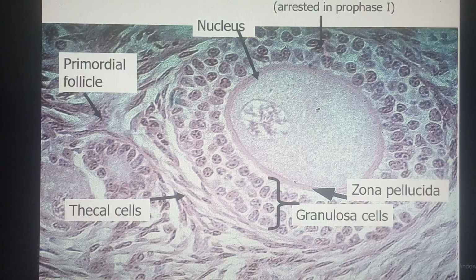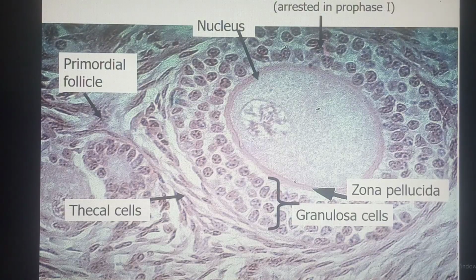If you're having a primary oocyte, which arose from mitotic division of the oogonium, it will start its first meiotic division and get arrested at the diplotene stage of prophase of meiosis 1. So this is the oocyte, which is arrested. Here we find the nucleus of the oocyte.